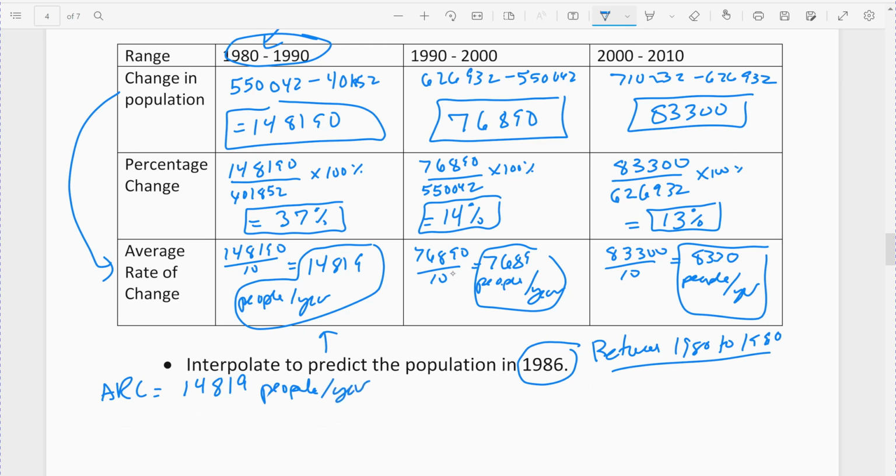So on average, we added almost 15,000 people per year between 1980 and 1990. And so we always use our starting year. You use 1980 is where we're starting.